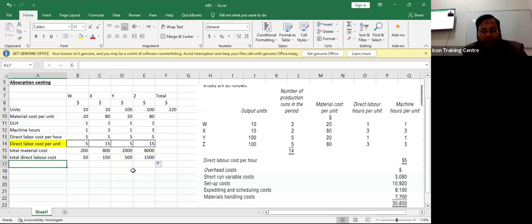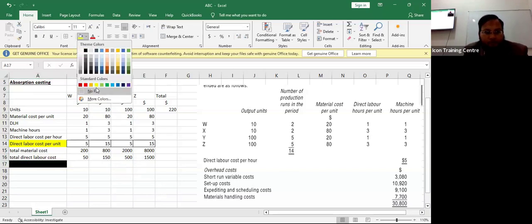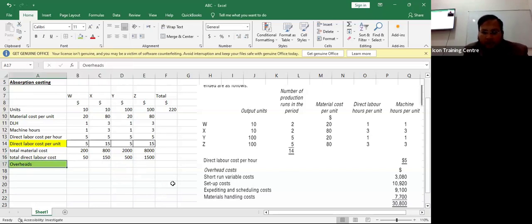And the third thing we will add is overheads. Now for this, we need to work it down. Now the question says, how many total do we have? 3080. This is total variable cost, right?